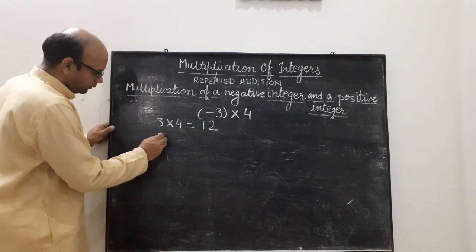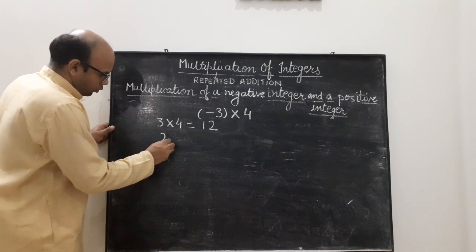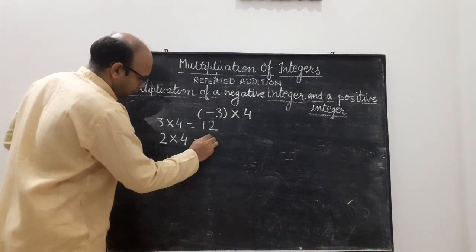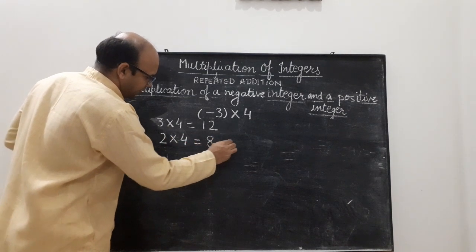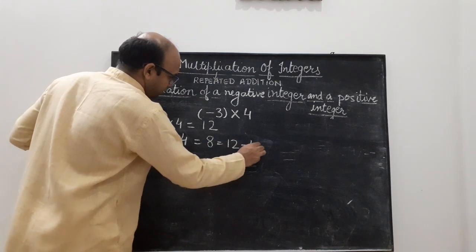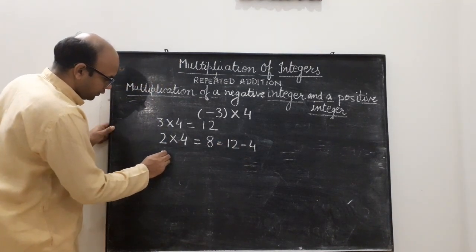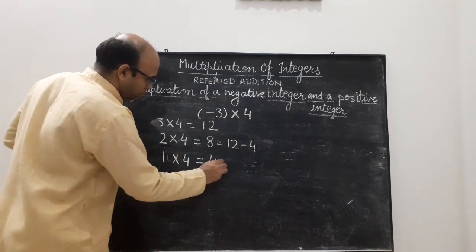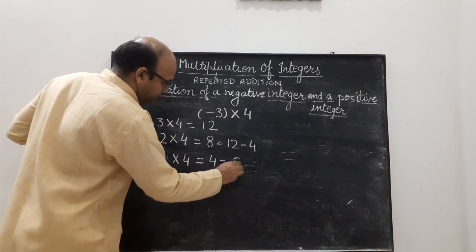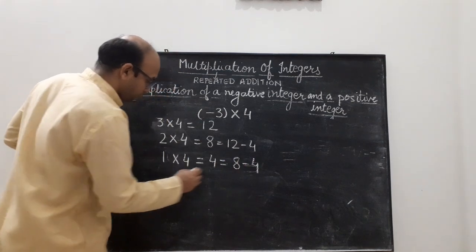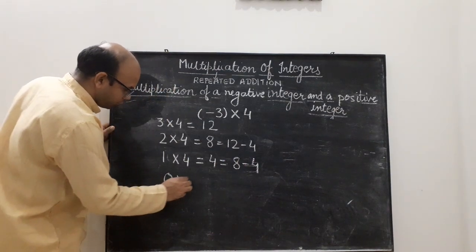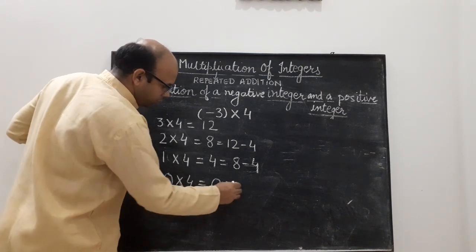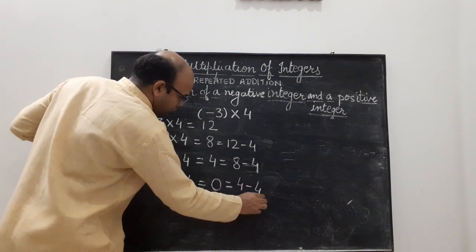Now 2 cross 4 is 8, and this 8 is nothing else but 12 minus 4. 1 cross 4 is equal to 4, which is 8 minus 4. Now what will be 0 cross 4? This is equal to 0, which is 4 minus 4.